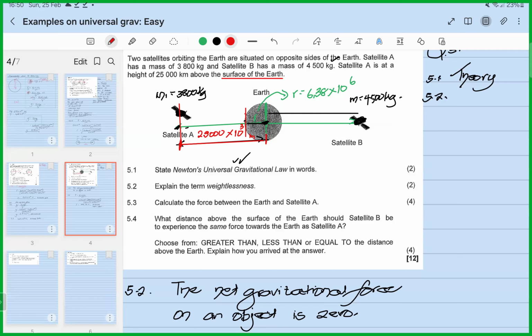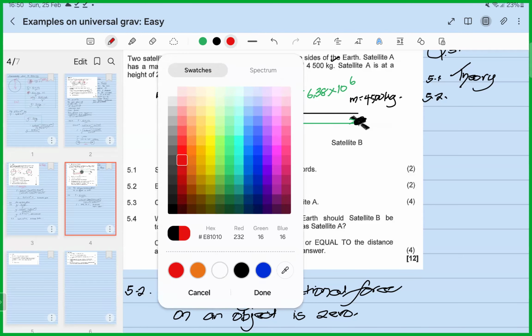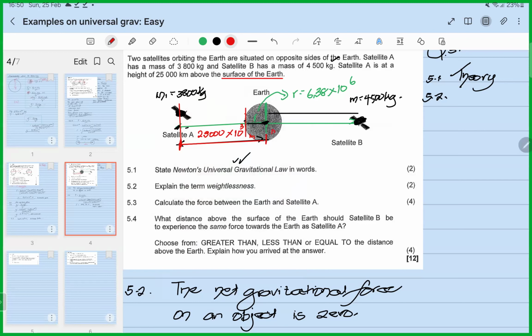Anyone? If the two forces are the same, your two masses are going to be the mass of the Earth, which you've used before, and the mass of the satellite, which is now m2, 4,500, which is bigger than 3,800.